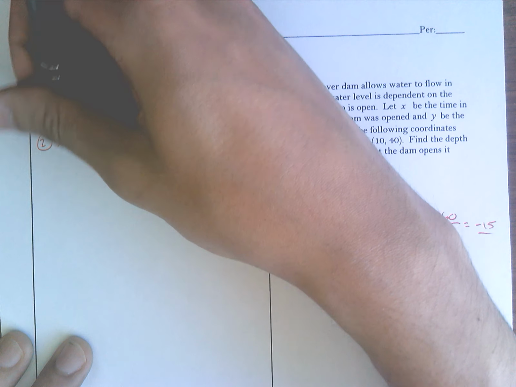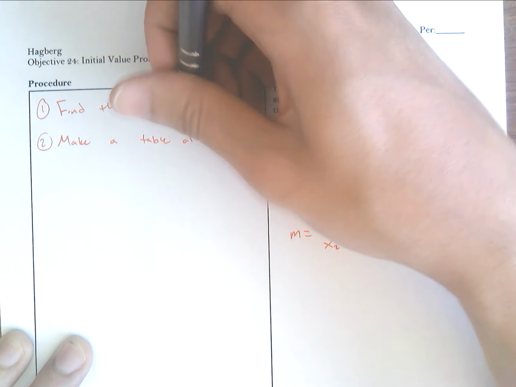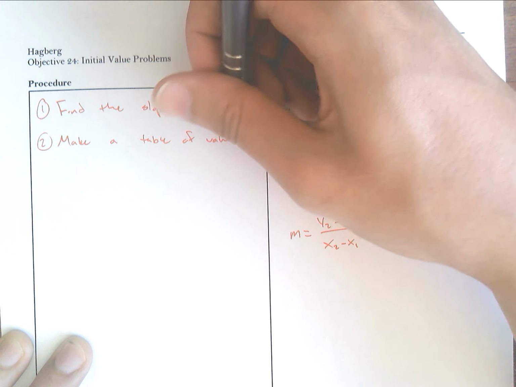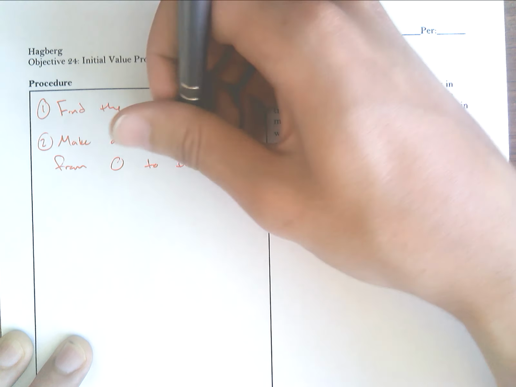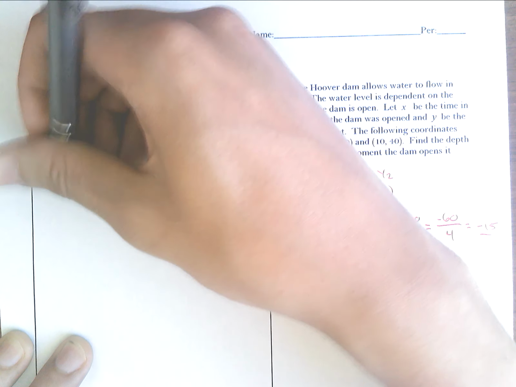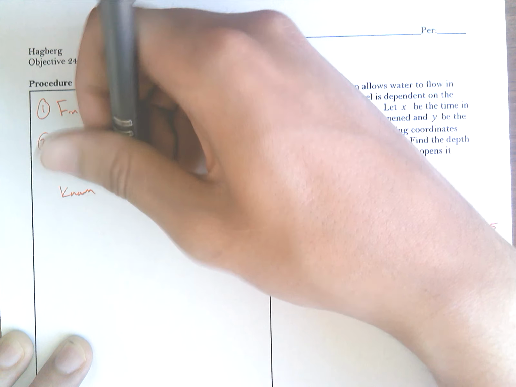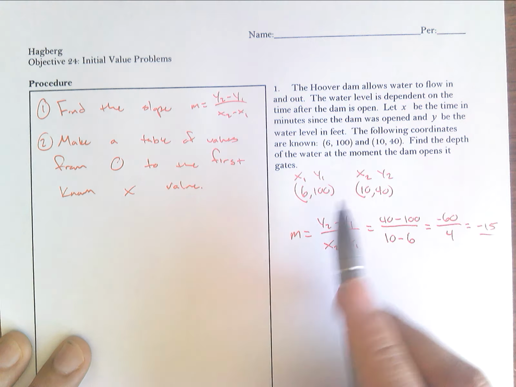Next up, step 2, which is to make a table of values from 0 to the first known x value. In this case, our two x values are 6 and 10.